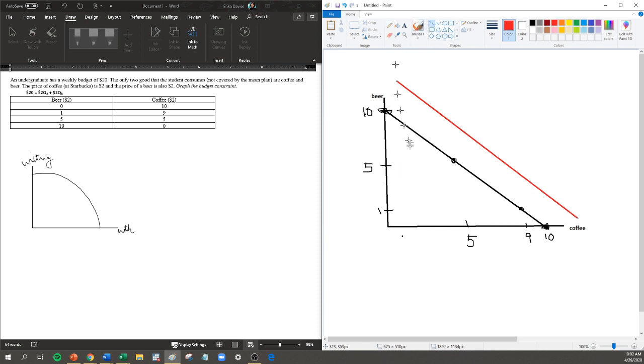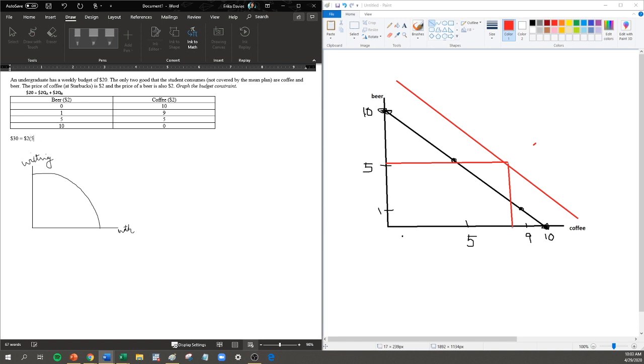So now instead of 5 beers and 5 coffees, now we can afford 5 beers, and whatever the math would be there, let's do that math. So if our budget is now $30, let's write this out. Budget is $30, and beer still costs $2, and coffee still costs $2.